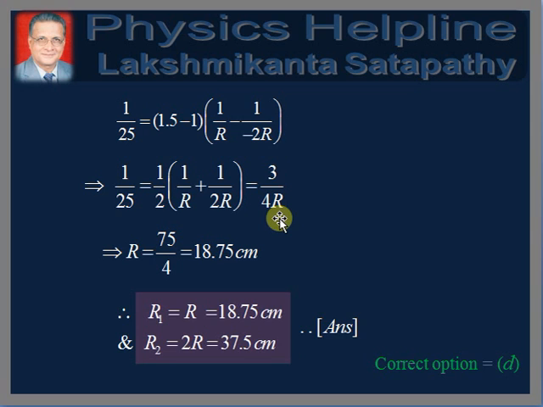Therefore, we get 1 by 25 is equal to 3 by 4R, which gives R is equal to 75 divided by 4, which is equal to 18.75 centimeters. Therefore, we get R1 is equal to R, which is equal to 18.75 centimeters, and R2 is equal to 2R, which is equal to 37.5 centimeters. These are the answers to question 1. Therefore, the correct option is D.